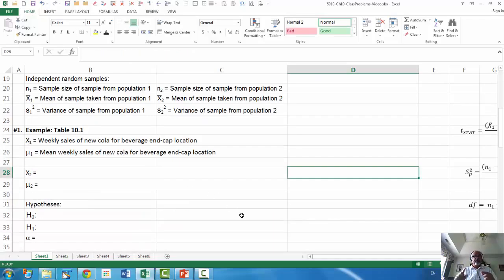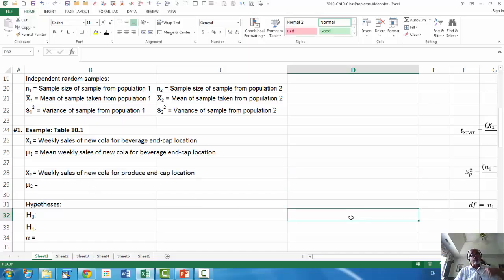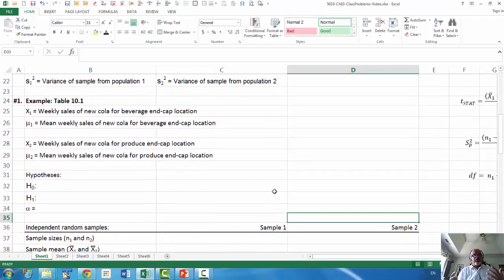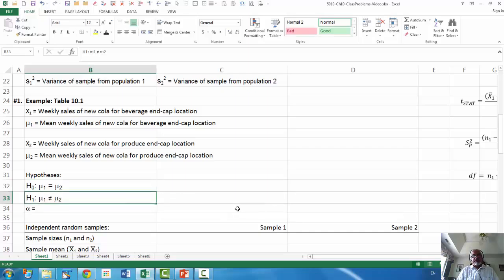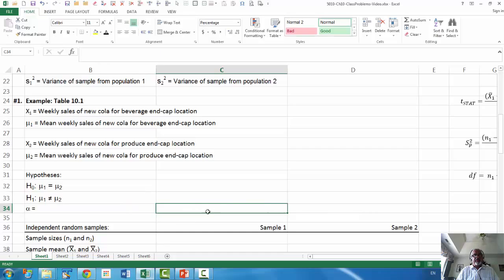Now X sub 2 is the weekly sales of the new cola when we use the produce end as the location, and mu sub 2 is the population mean weekly sales. Now we want to test whether there is any difference between these two possible locations for display. So our null hypothesis is that the two population means are equal. The alternative is they are not equal. And let's assume alpha of 5%.